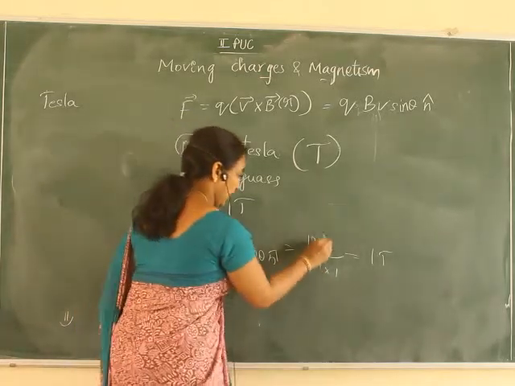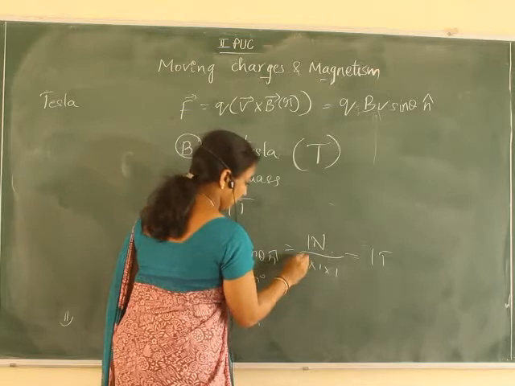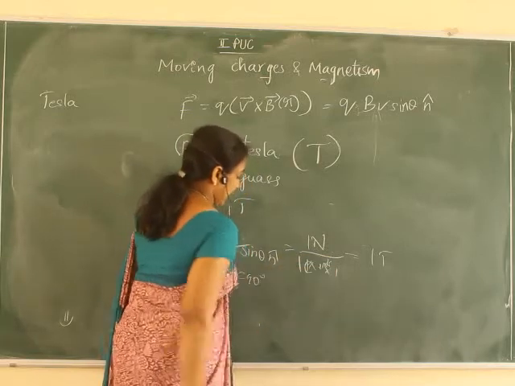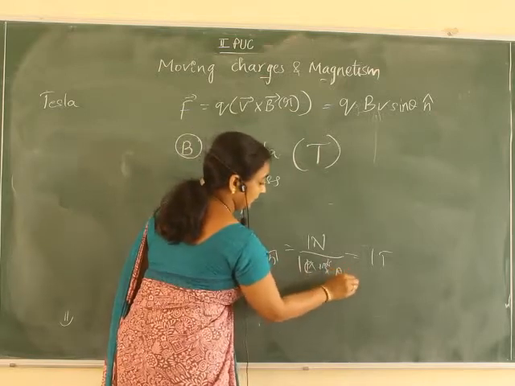See here, 1 Newton, Q is 1 coulomb, speed is 1 meter per second, and theta is equal to 90.